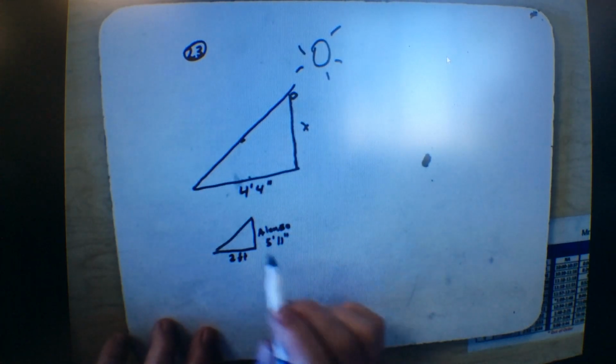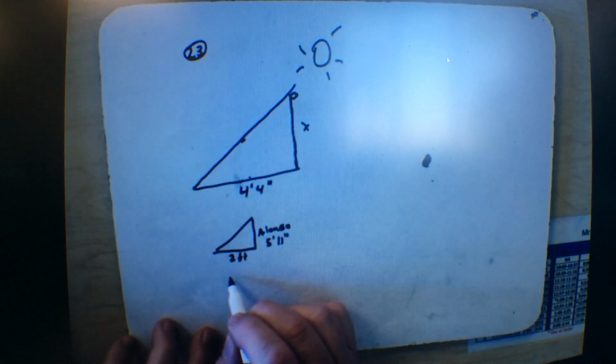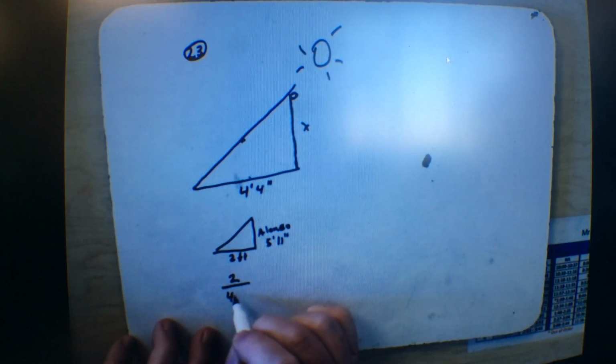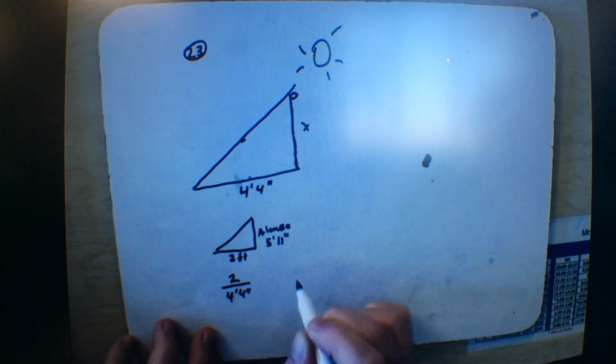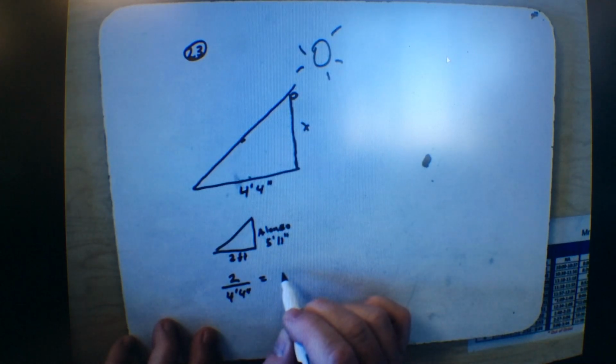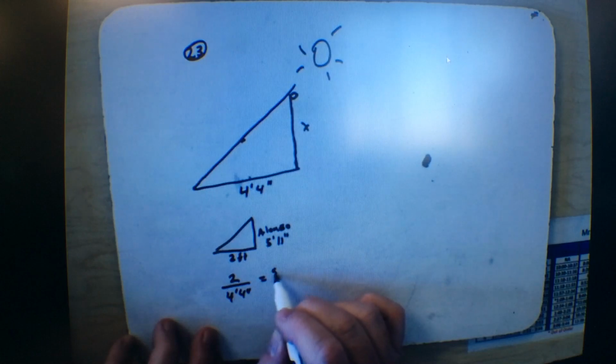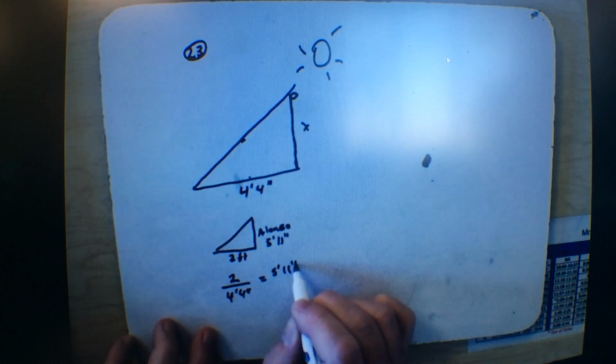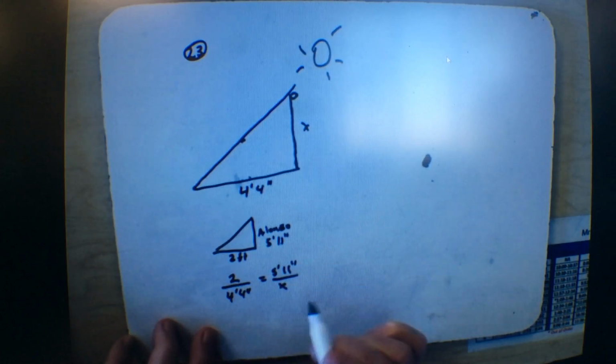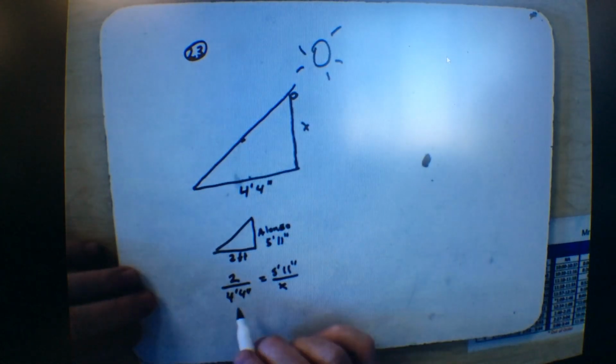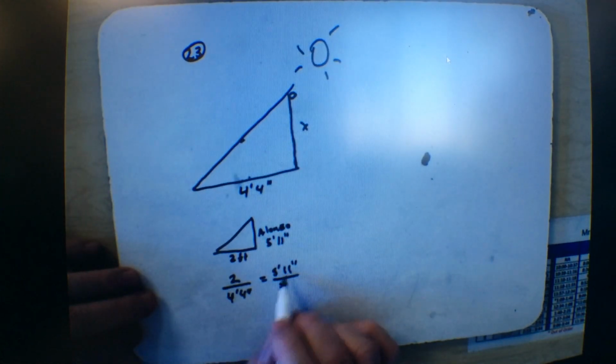And one thing you have to do is you have to convert the inches to feet. So let's go ahead and do our similarity. We have a 2-foot shadow to a 4 foot 4 inch shadow, and then we have a 5'11" Alonzo to the basket, and it becomes X. One thing I want to point out here is that we need to change these.